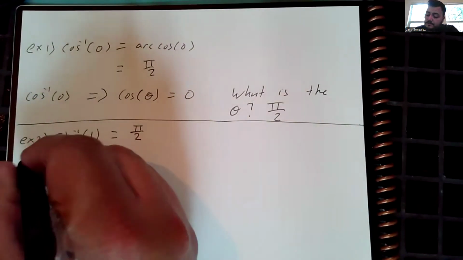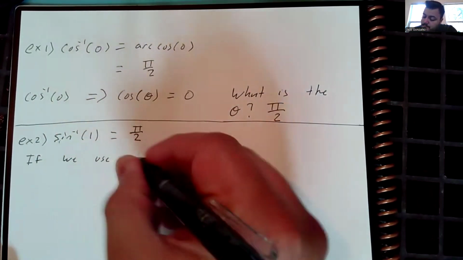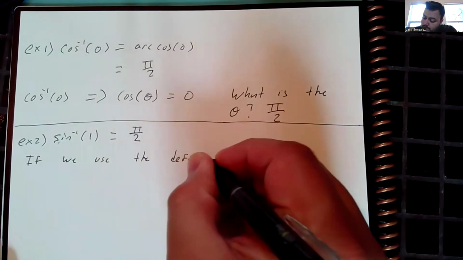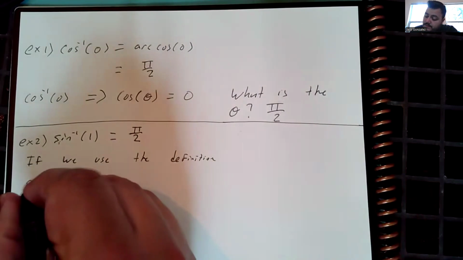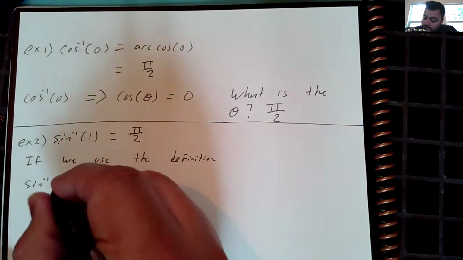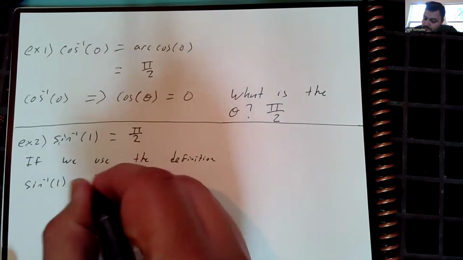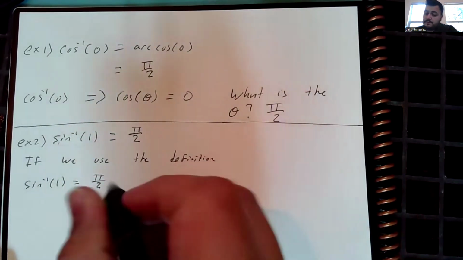If we use the definition, sine inverse of 1 is equal to pi over 2.